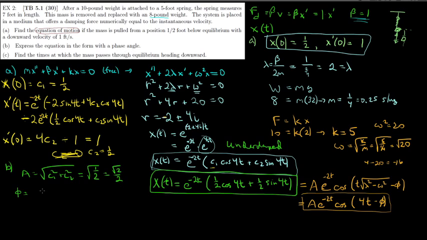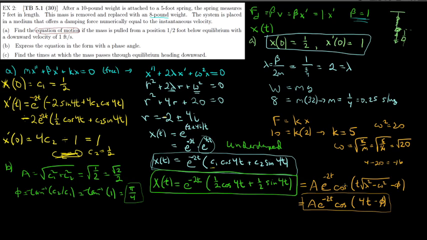And if you remember, phi is the arctangent of c2 over c1. And, well, c2 equals c1, so 1/2 divided by 1/2 is just 1. So this is just the arctangent of 1. And I think I remember that. I think that's just 45 degrees, right? Pi over 4. So that's my phi.